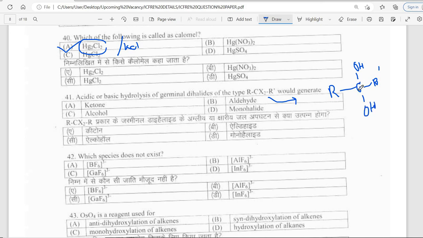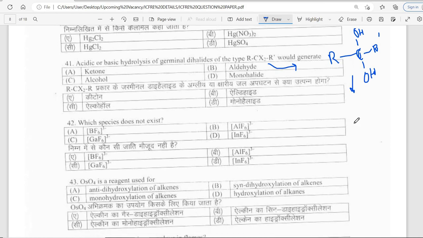Okay, geminal diol. Geminal diol is a very unstable compound. It can easily liberate a water molecule to form the ketone. Water has to be liberated easily in acidic or basic condition. So the correct option is ketone.